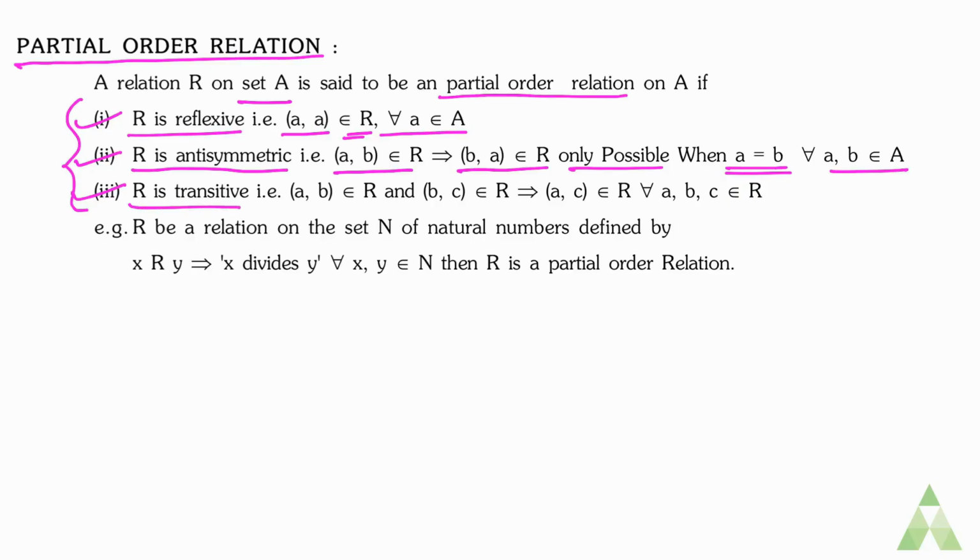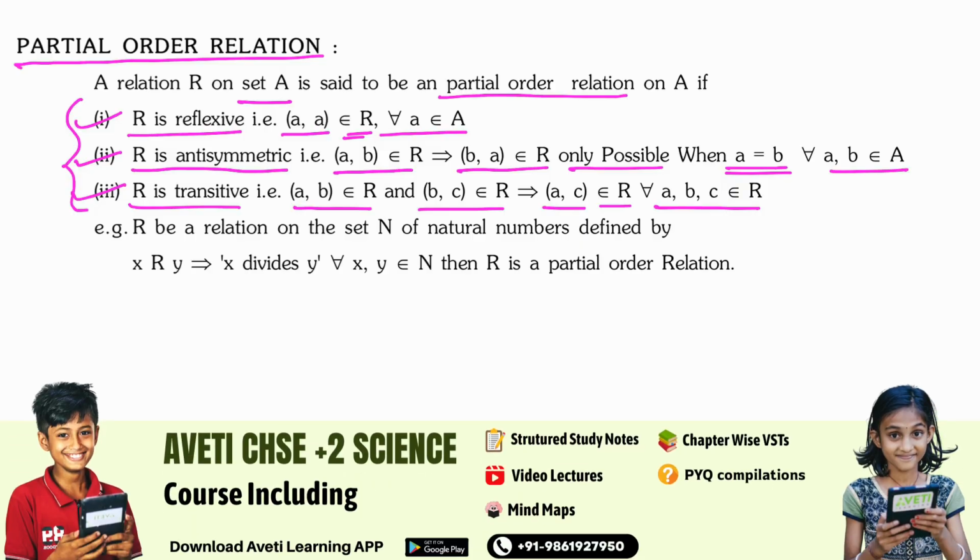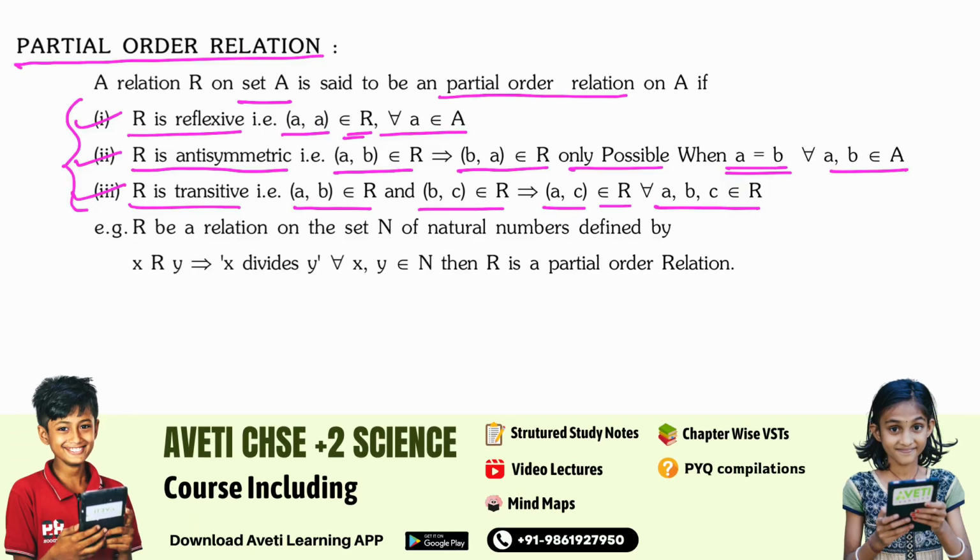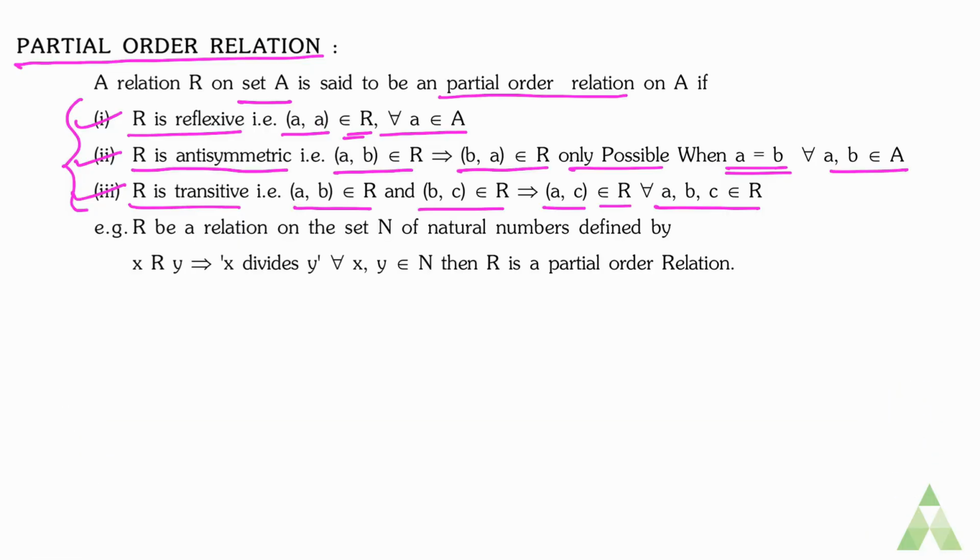That is if AB belongs to R and BC belongs to R, it implies there should be an ordered pair AC which also belongs to R, for all A, B, C belongs to A. So, ए तीनोटी condition satisfy कले आमे गोटे relation को partial order relation कहि थाउ. तमने relation जदि reflexive, transitive au anti-symmetric हेतिबा ताहले से relation हमारा partial order relation हबा.